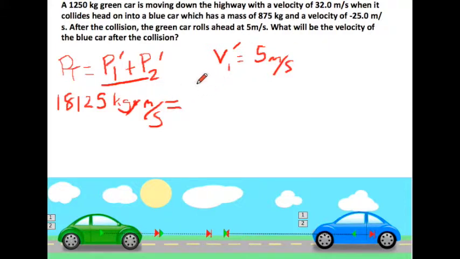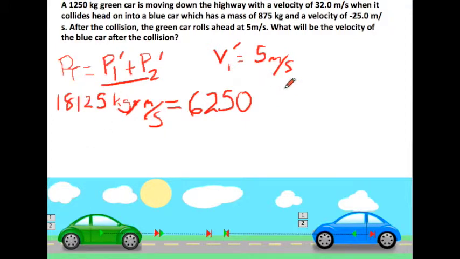It'll say that my P1 from this vehicle, taking the 5 times 1250, is equal to 6,250. So that makes it my P1.